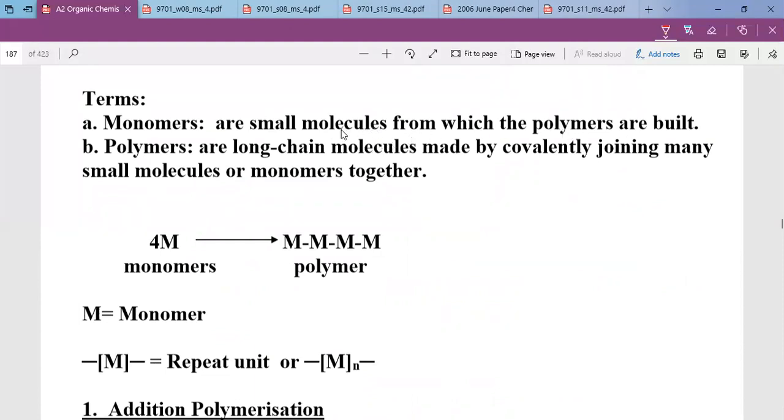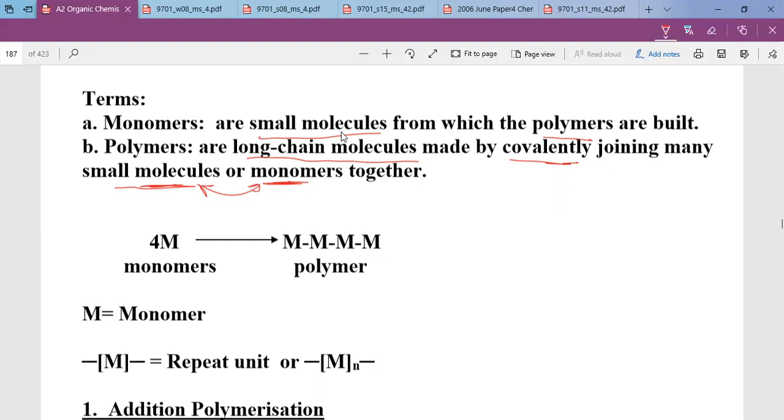So the keywords here are, of course, small molecules, and joined together to form polymers, the two keywords for monomers. Polymers are long chain molecules made by covalent bonds joining many small molecules. So small molecules and monomers are synonymous, so to say.